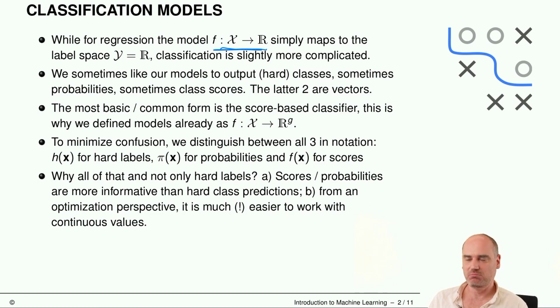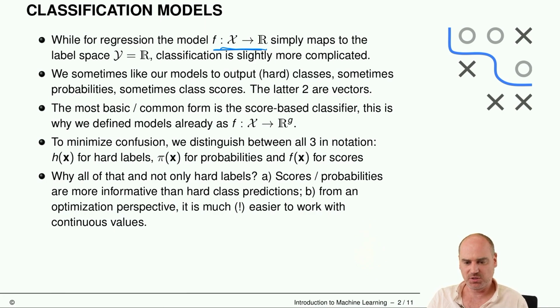Our labels are real numbers, and this is usually also exactly what we want to predict. So there's nothing really we have to take further care of. For classification, the situation is slightly more complicated because sometimes we would like to predict with our model exactly the classes that we have observed.